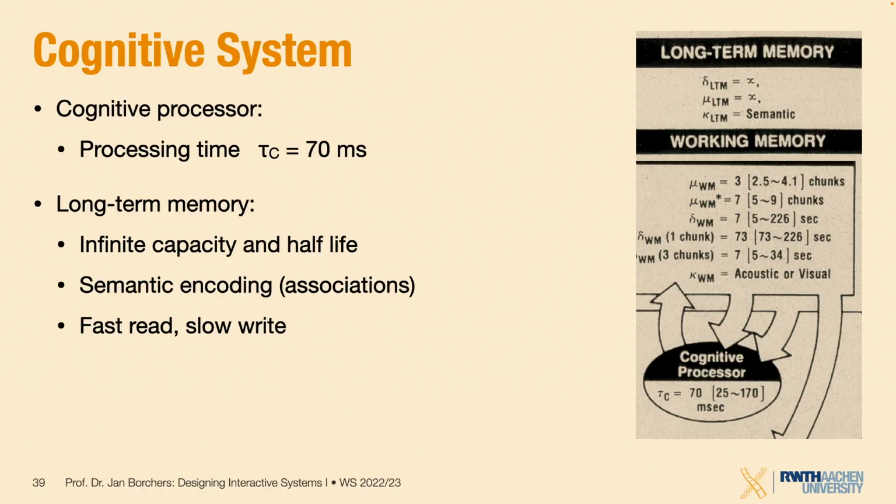Long-term memory, I already said, infinite capacity, infinite half-life. How is stuff stored in long-term memory? Well, again, I'm not claiming anything on the level of brain medicine here, but we can imagine stuff being stored, at least for our engineering model, as associations. So a bit like a network of nodes and edges. For example, the concept of an apple isn't actually stored as an apple in there.